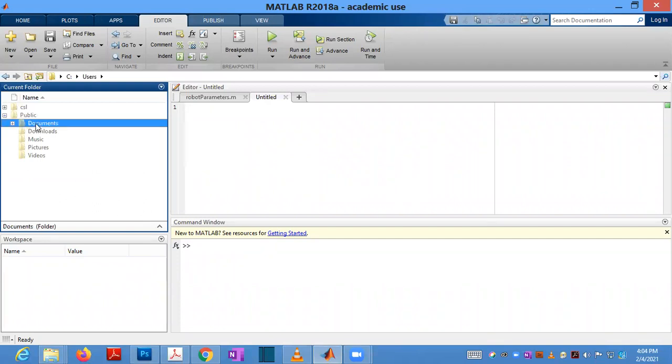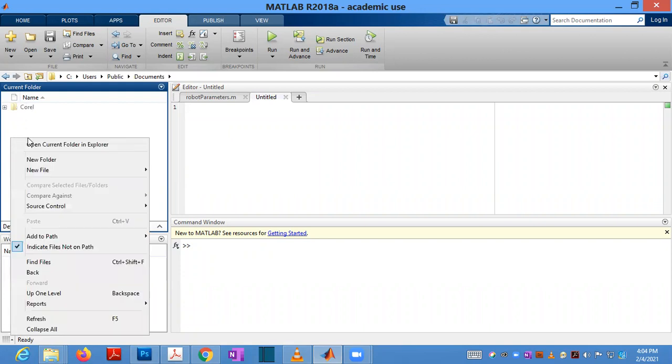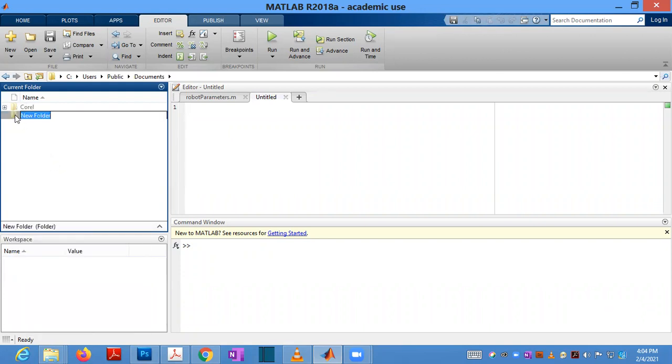So you can create a new folder and double click on it. Then it becomes your current folder.